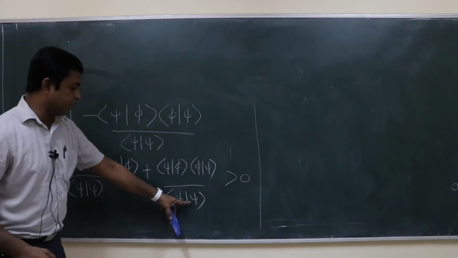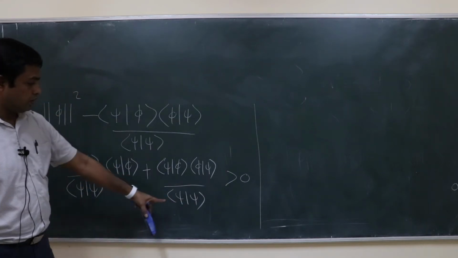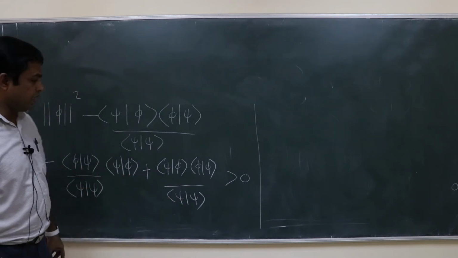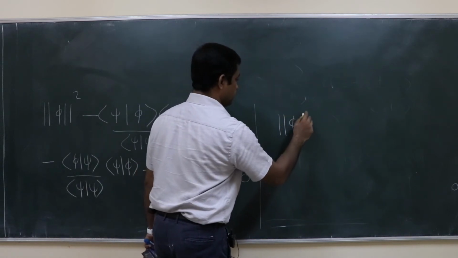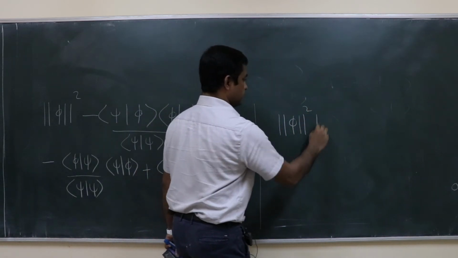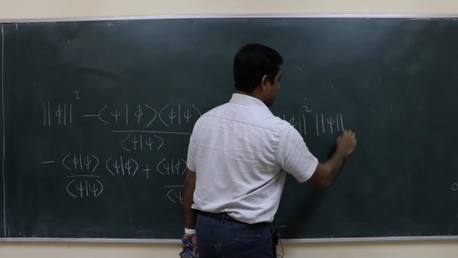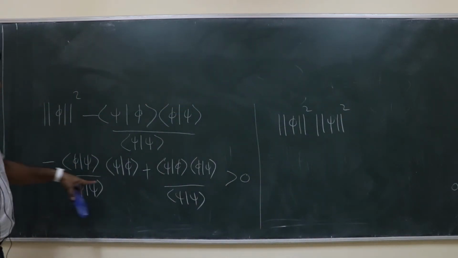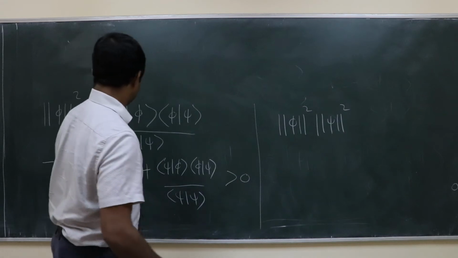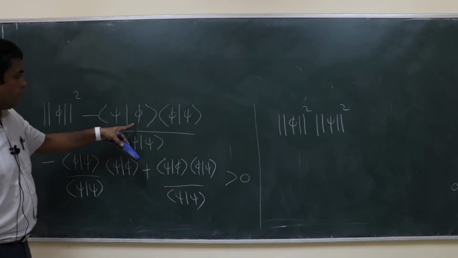So what is bra psi ket psi? It is the norm square of the psi vector, right? So you get 1 plus, so this is bra psi ket phi, bra phi ket psi.